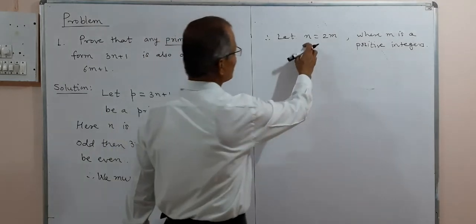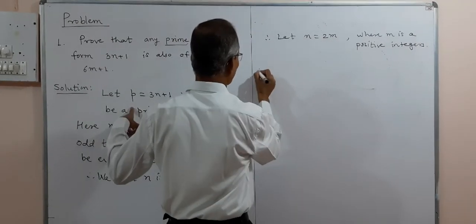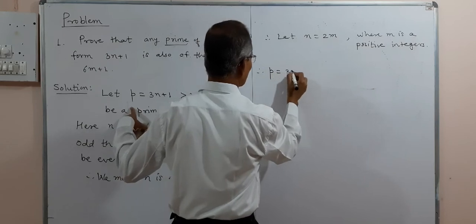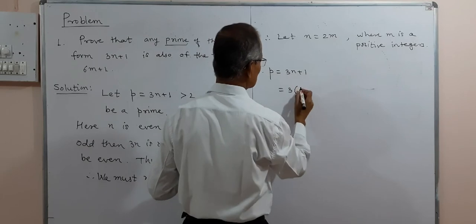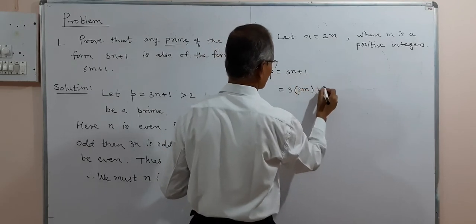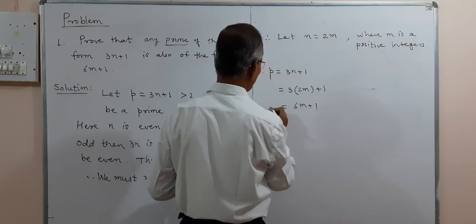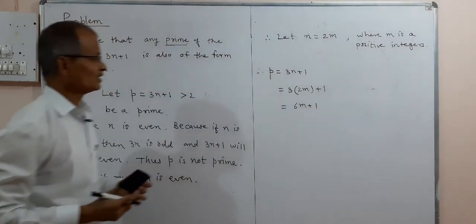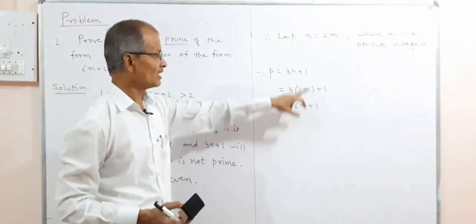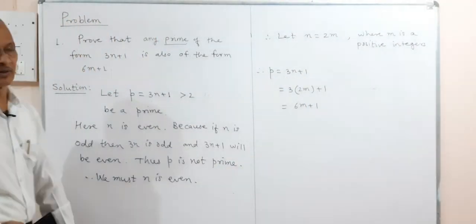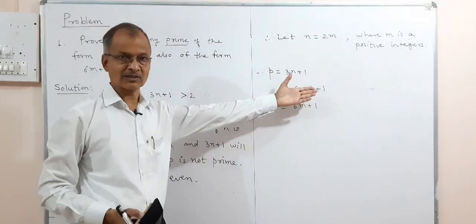And if n is equal to 2m, now we may consider p. So therefore p is equal to 3n plus 1, or that is 3 into n, which is 2m, plus 1, or that means it is 6m plus 1. So this is P, and this proves the result. Any prime which is of the form 3n plus 1 is also of the form 6m plus 1, and the examples of this also we have considered earlier.